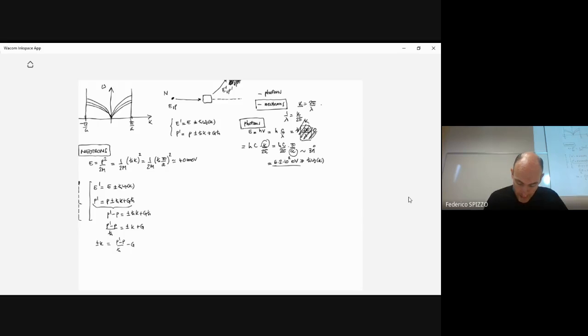So we may use this K and substitute this value within this equation where we have the energy conservation.